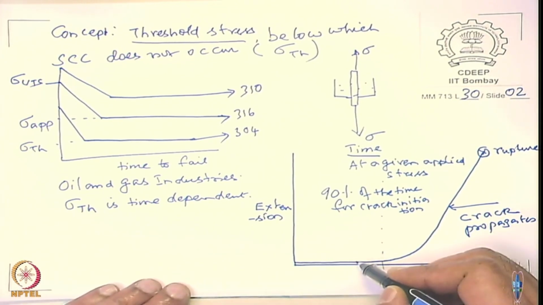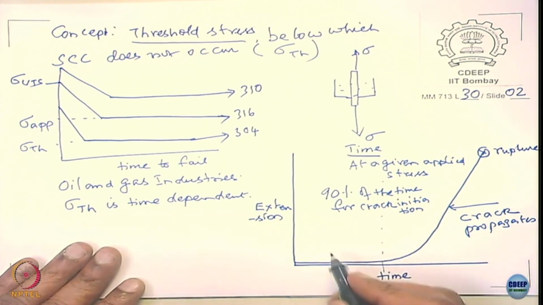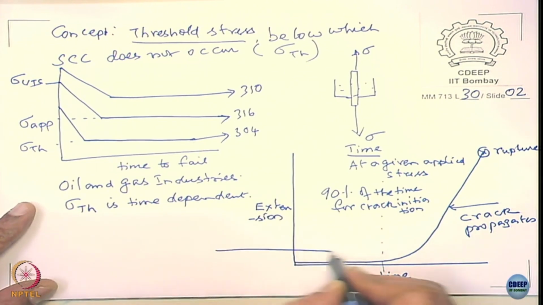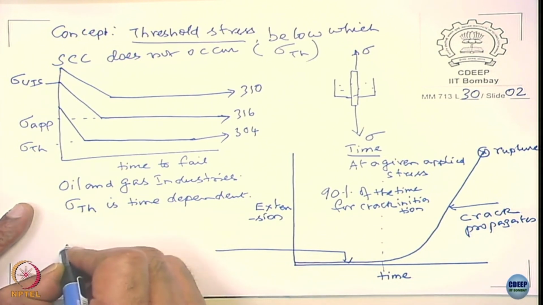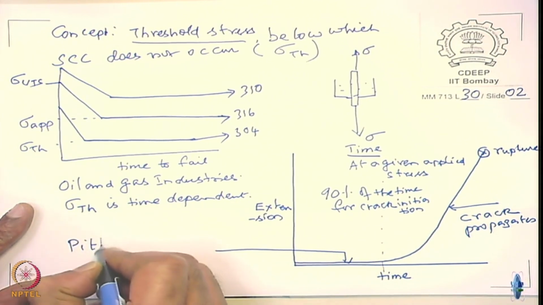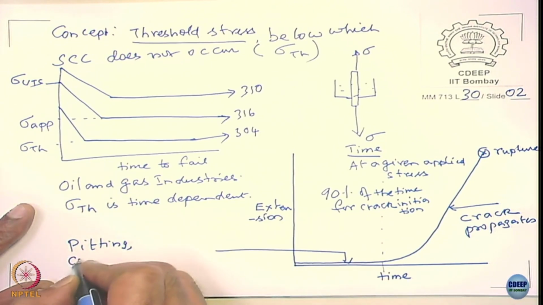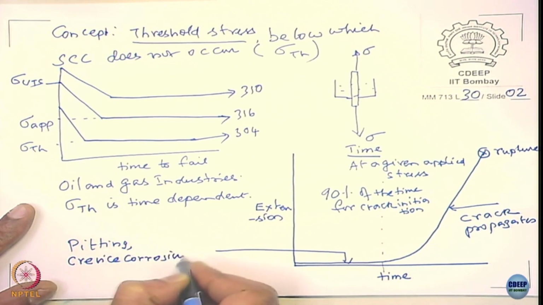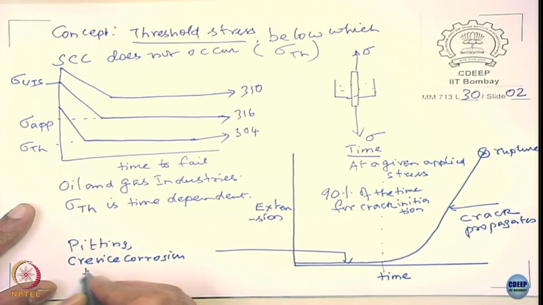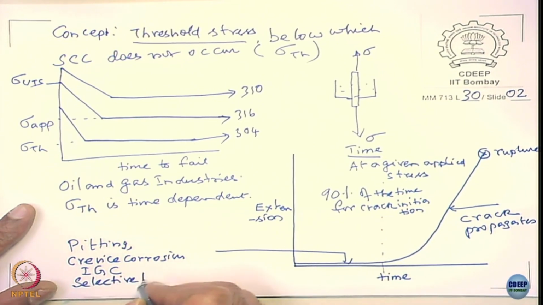And this crack initiation is a very interesting thing. Okay. This initiation time, the initiation here involves, it could be a pitting corrosion assisted one, it could be a crevice corrosion assisted, or intergranular corrosion assisted one, it could be selective leaching.